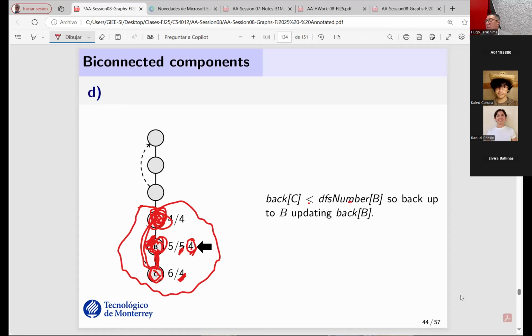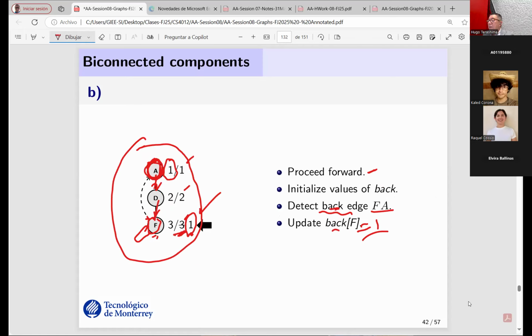Now we are going to continue and follow the other condition we have.